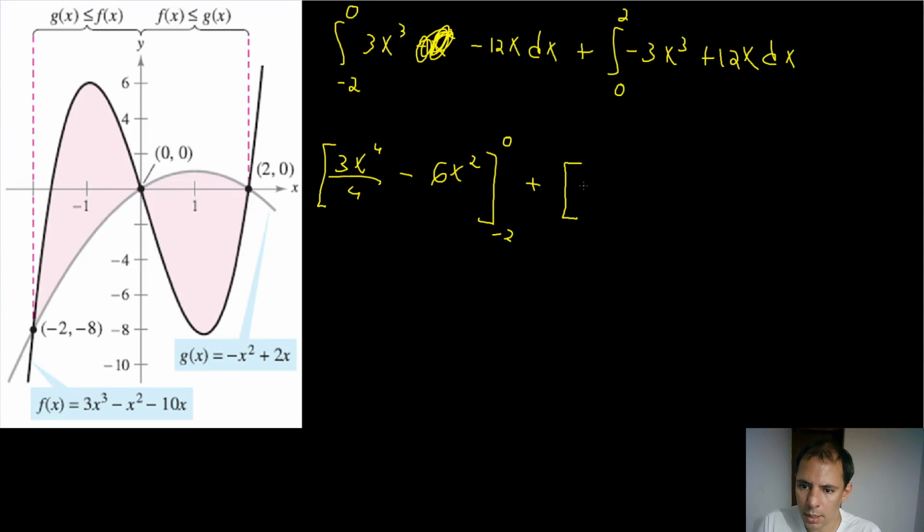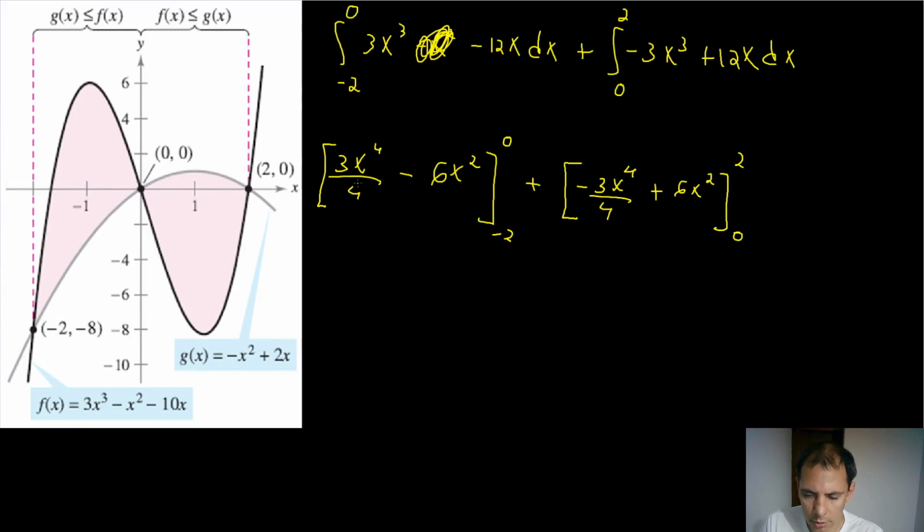It's going to be minus x to the fourth divided by 4 plus 6x squared from 0 all the way to 2.